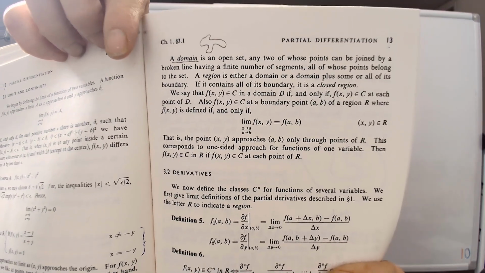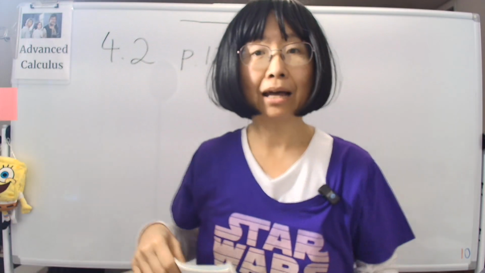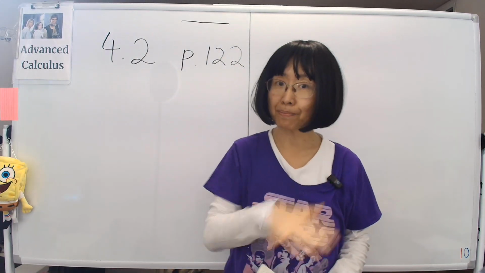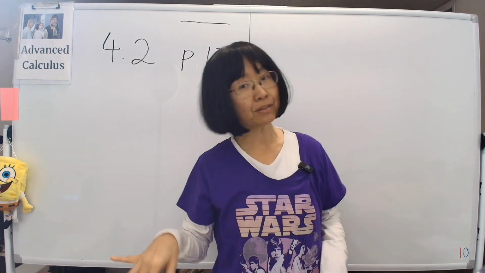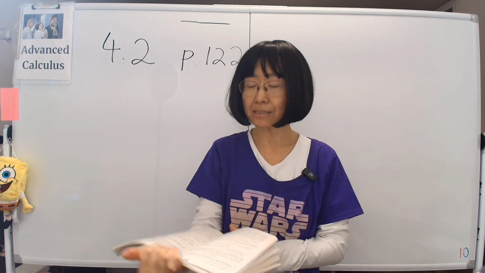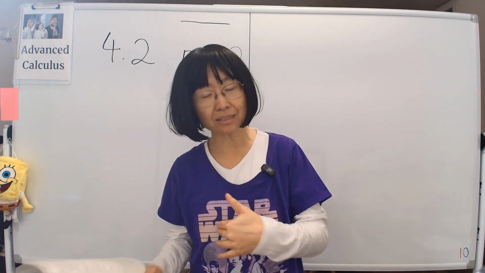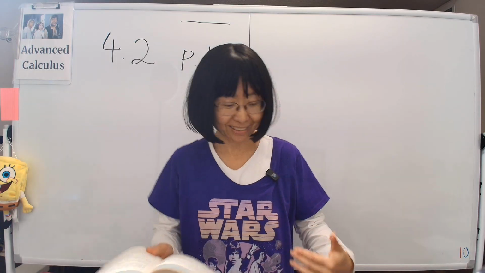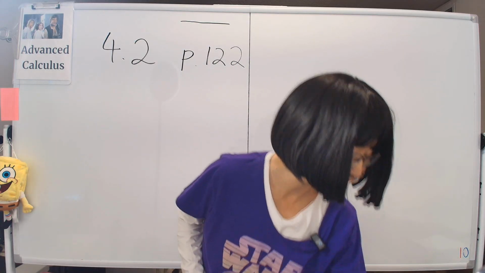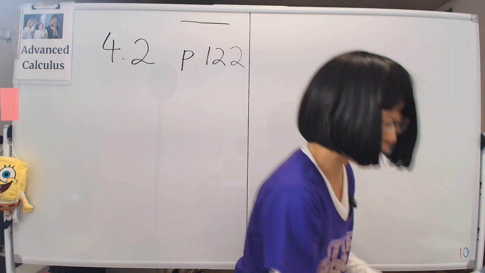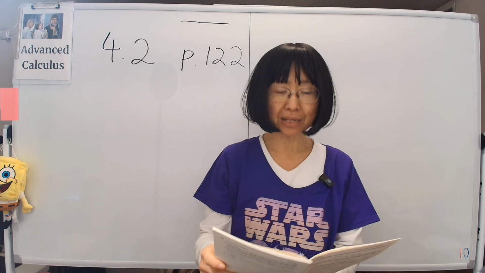And then a region is a domain that may or may not have its boundary points. It can have all the boundary points or no boundary points. So basically, in this course, we're going to use the word region instead of domain, for two-dimensional functions. So that is what that word region means, okay?